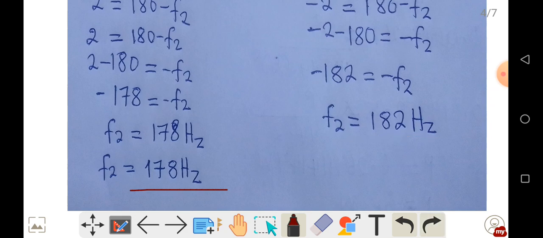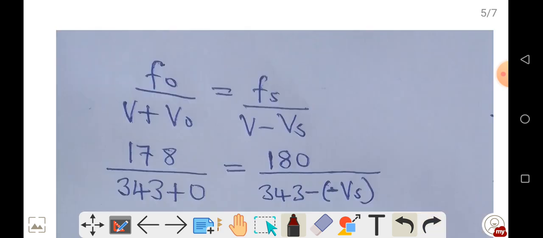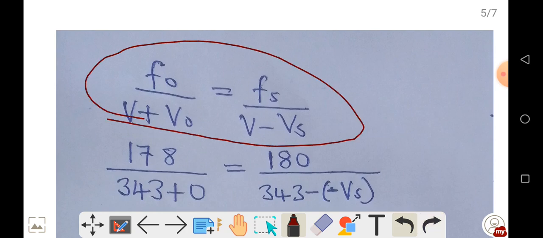Right, so let's continue. Like we have mentioned, first we'll consider the frequency heard by the observer to be 178 Hz. This is the general expression, and it works in all the problems.